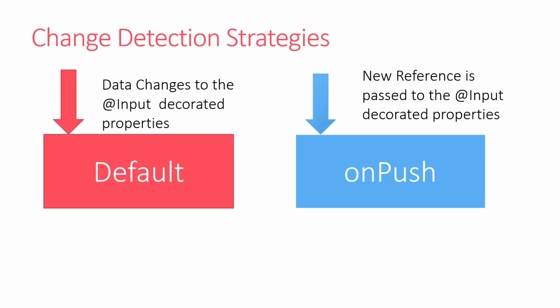If you do not pass a new object, it will not run. And in both scenarios, the change detector will run if you do one of those three operations. Is this slide clear to everyone? Yes. Okay.